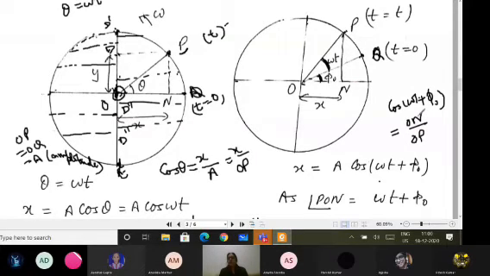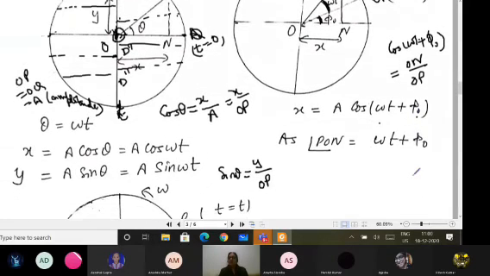So ON is x and OP is amplitude, capital A. So you can write x equals A cos of omega t plus phi naught. So if initial phase is 0, I was getting the equation x equals A cos omega t. And if initial phase is there on the positive side, I am getting it with the plus phi naught.